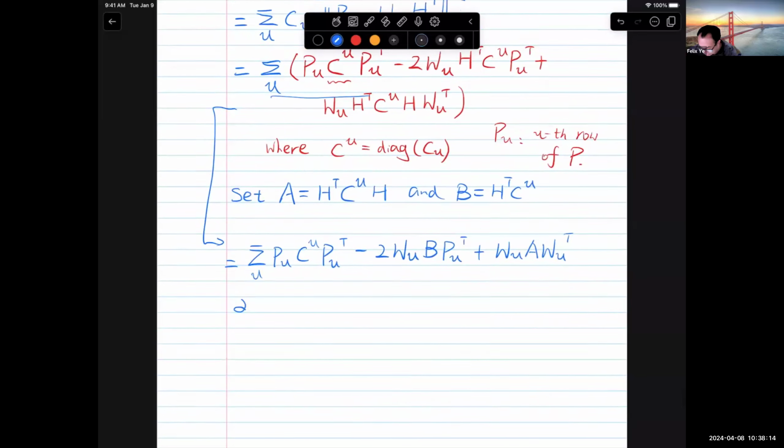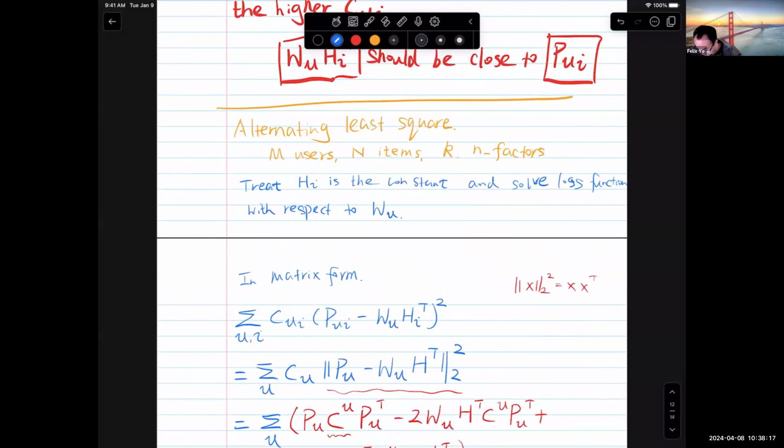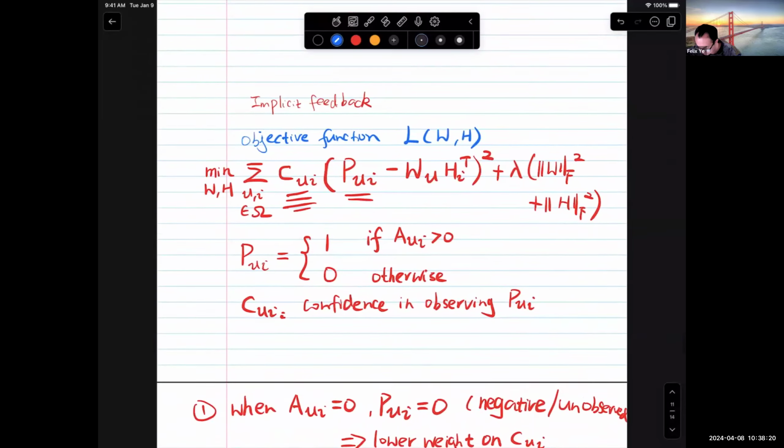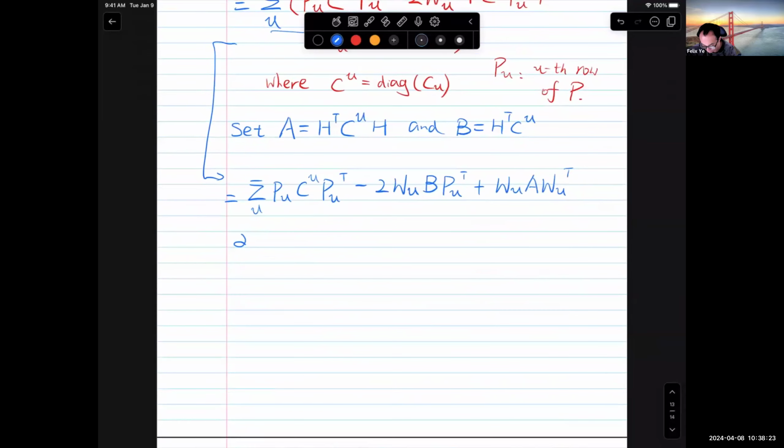So partial, I think I'm using L here, right? Yeah, L here. Partial L, partial WU, right? So we have this term here. So this is 2B minus 2B PU transpose plus 2A WU.